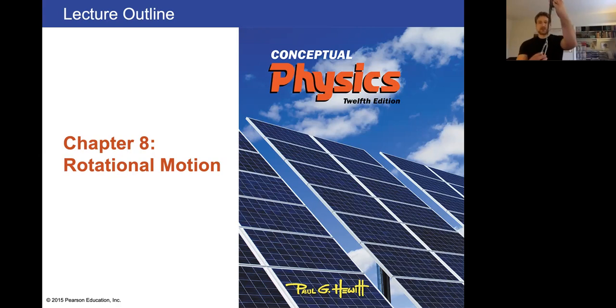And that example, the example of an object held on a string moving in a circular path. If we track the location of that object as it moves, that curve that it follows is a circular path.